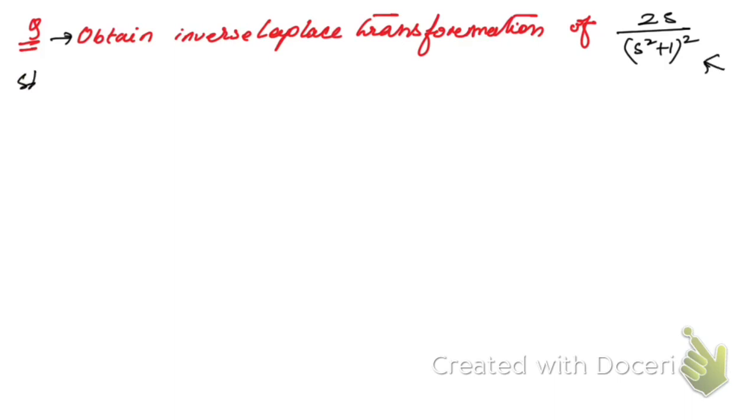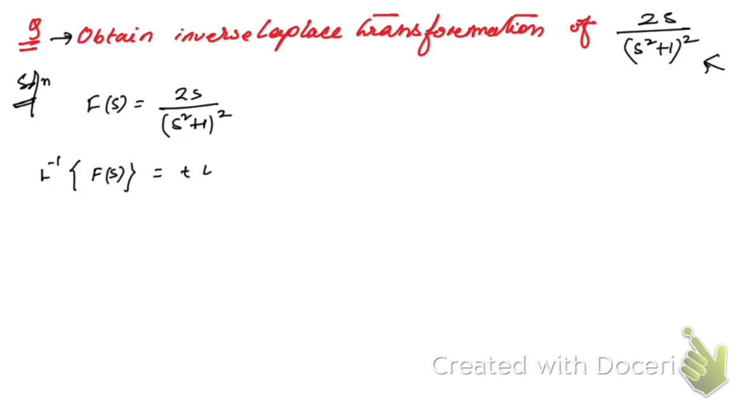Here capital F of s is 2s by (s square plus 1) whole square. So how do we obtain the inverse Laplace transformation of this? We have already learned that it is t into the inverse Laplace transformation of the integration from s to infinity of F of s ds. We can use this method.